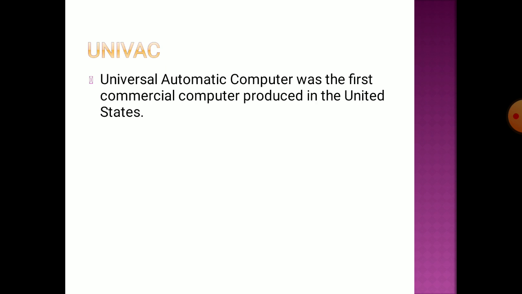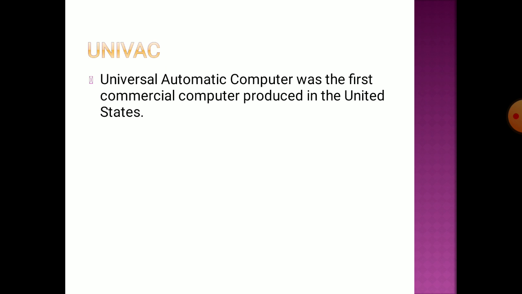The next computer of your first generation we have is the Universal Automatic Computer. This was the first commercial computer produced by the United States. What happens here is that ENIAC and EDVAC had been used by the engineers or the research people.